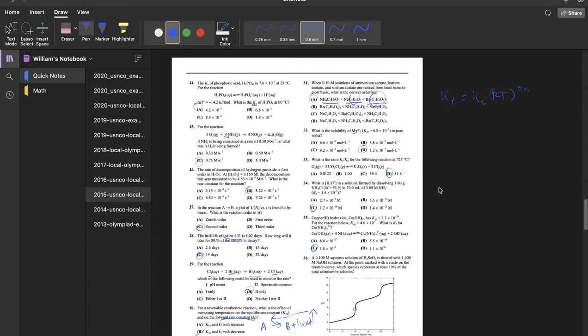So here it's 3 minus... No, it's 3 minus 4 because we have 1, 3, and then we have 3 here. So that would actually be Δn equals -1, because -1 moles of gas change.